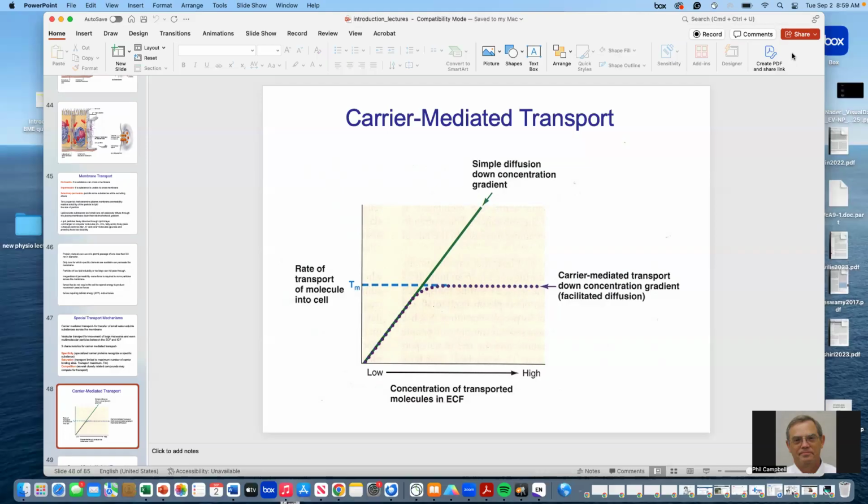However, once we've reached saturation, we no longer can get a continued increase in transport because we've already engaged all of our transport proteins. So we level off at something called our transport maximum, right? And this is due to saturation, right? So even though I continue to increase the concentration difference between outside and inside the cell, once I reach my transport maximum, I cannot further have any additional increase in transport. I've already engaged all of my transport molecules.